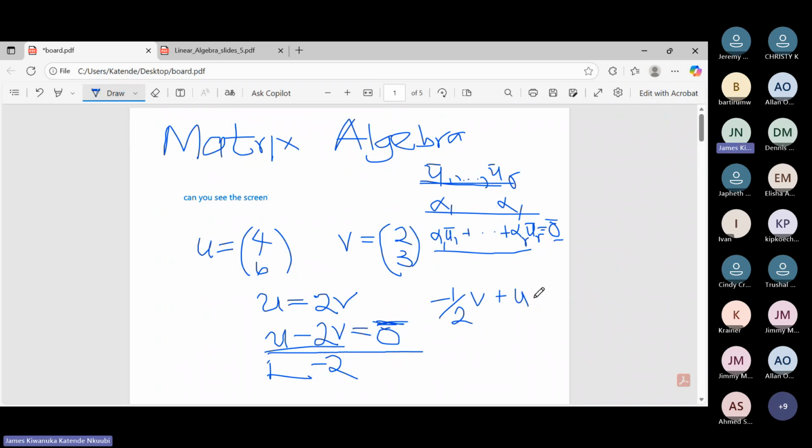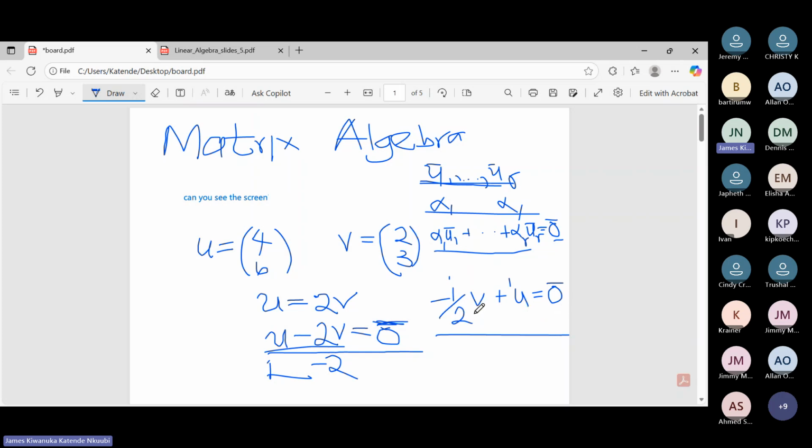Is that correct? Yes. So the scalars that you use are not fixed. You can have many different possibilities. But as long as you can get such scalars that satisfy this equation, where the linear combination gives you the zero vector, then we'll say v and u are linearly dependent.